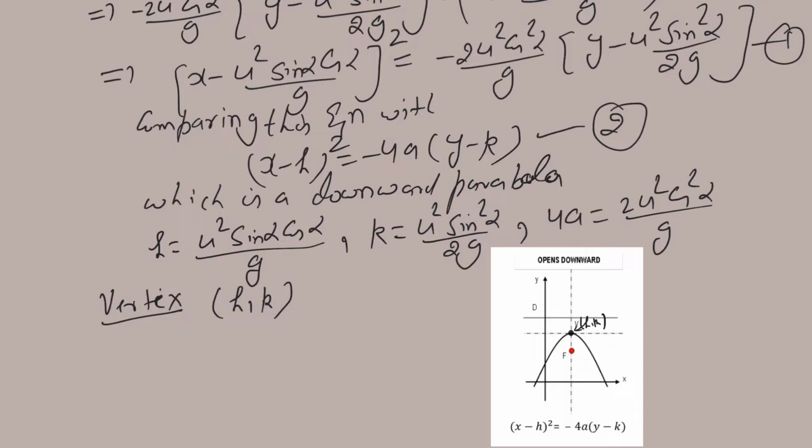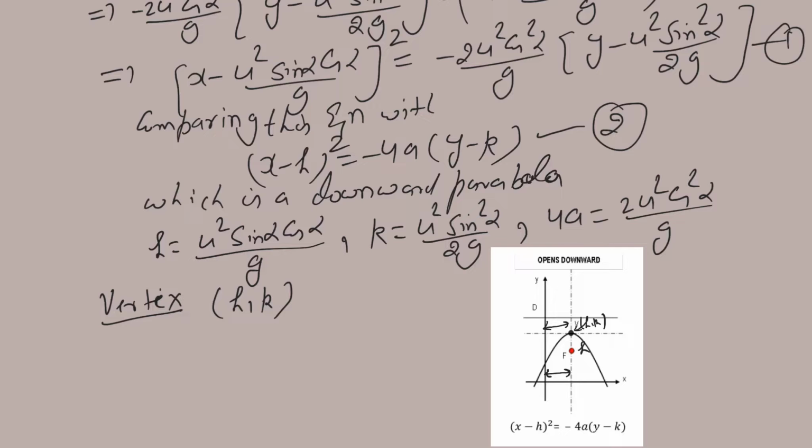So vertex is having coordinate h comma k, and this is the focus. So you see focus is at the same horizontal distance, so its component h will be same.